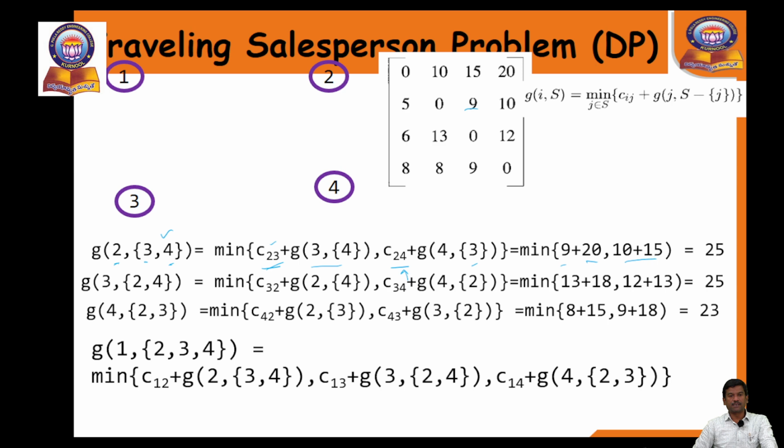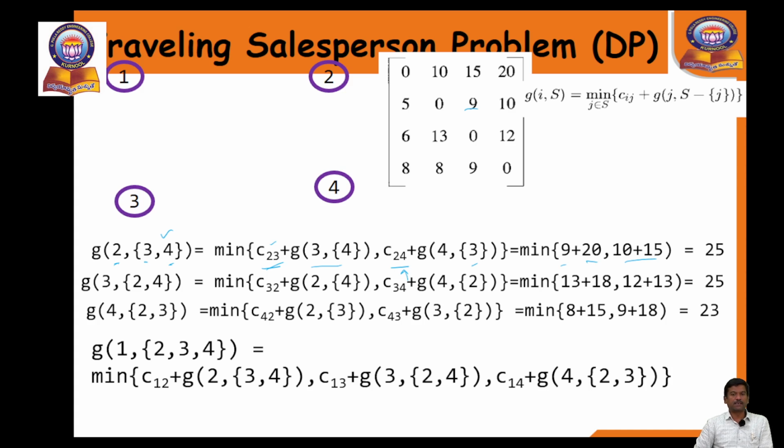In the next case you'll be finding g of 1 comma v minus 1, that is from 1, excluding 1, what is the shortest path to the remaining vertices.